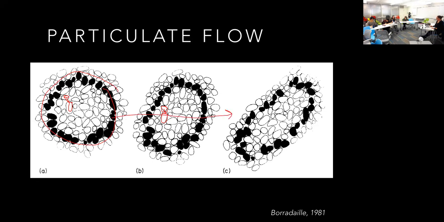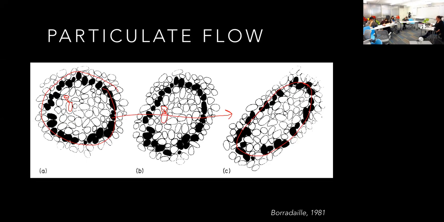You know, this looks like a strain ellipse changing from a sphere to a more elliptical shape with a different orientation. So we could say it's undergone some shear strain or some rotational strain. So in detail, it's quite complicated, and it would be difficult to predict the motion of any one particle. But in the broadest sense, we can look at this as a continuum ductile deformation of the overall system.